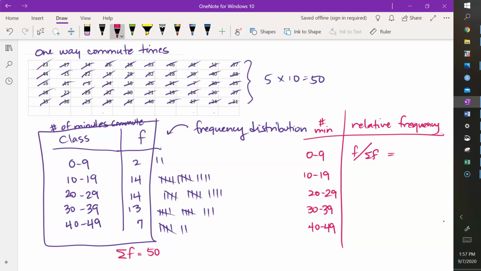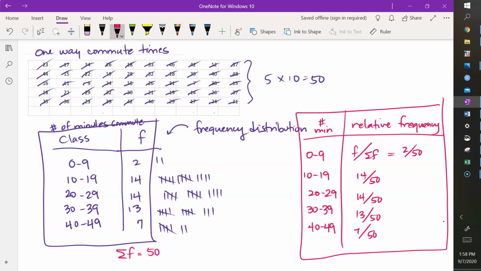So the frequency here is 2 out of 50, 14 out of 50, 14 out of 50, 13 out of 50, and 7 out of 50. So this is relative frequency. These relative frequencies can be expressed either as a fraction or as a percent, but they need to all add up to 100%, which these do.